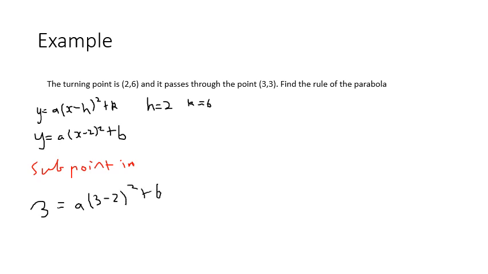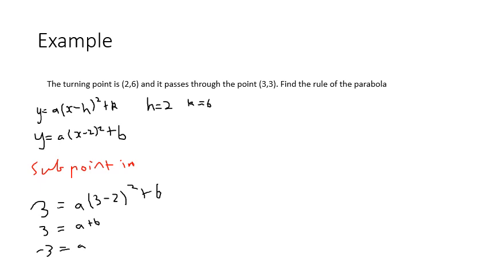When 1 is squared, it remains as 1. And a times 1 is just a. So we know that 3 is equal to a plus 6. Now we want to get 6 away from the a, so we have the a on its own, so we know exactly what it's equal to. So we can just subtract 6 from both sides, and 3 minus 6 is equal to -3, and so we know -3 is equal to a.